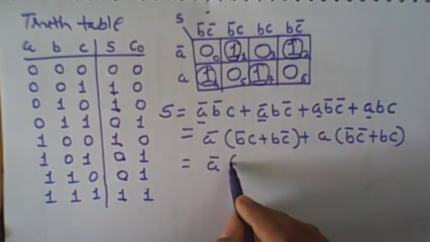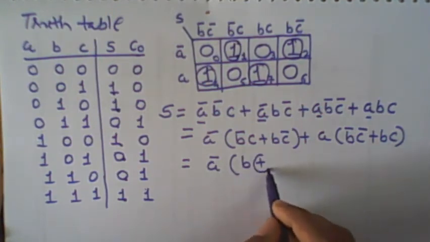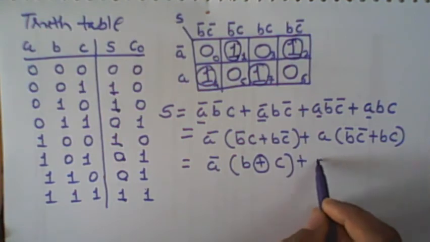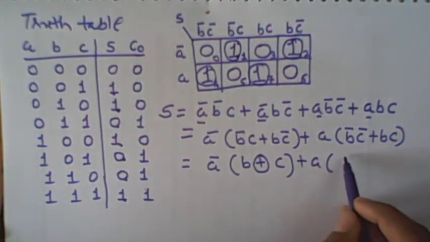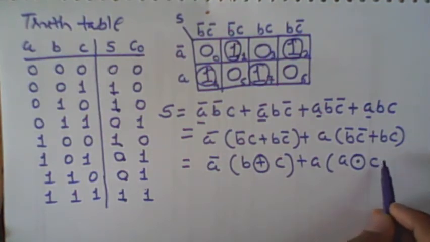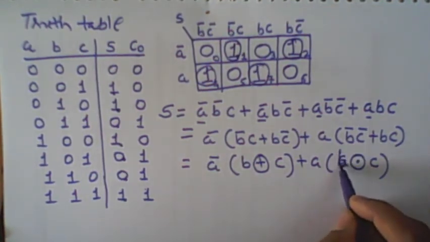So with A bar, this is nothing but the B and C XORing. This is the equation of XORing, and this is the equation of XNORing of B and C.